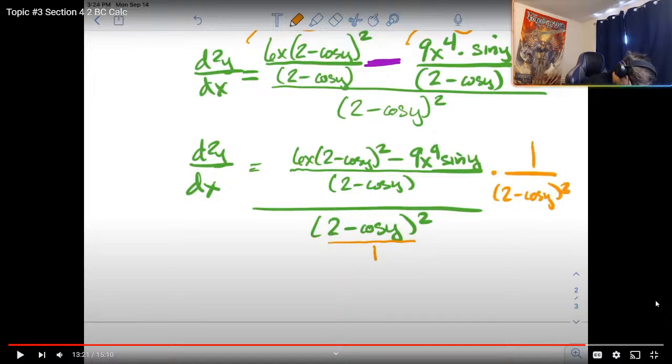So then you would get d squared y over dx squared would equal 6x of 2 minus cosine y squared minus 9x to the fourth all over quantity 2 minus cosine y to the power of 3.